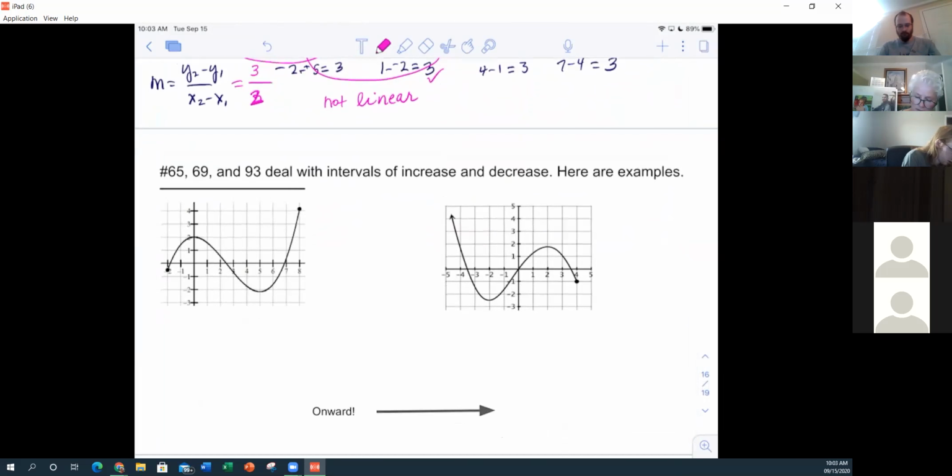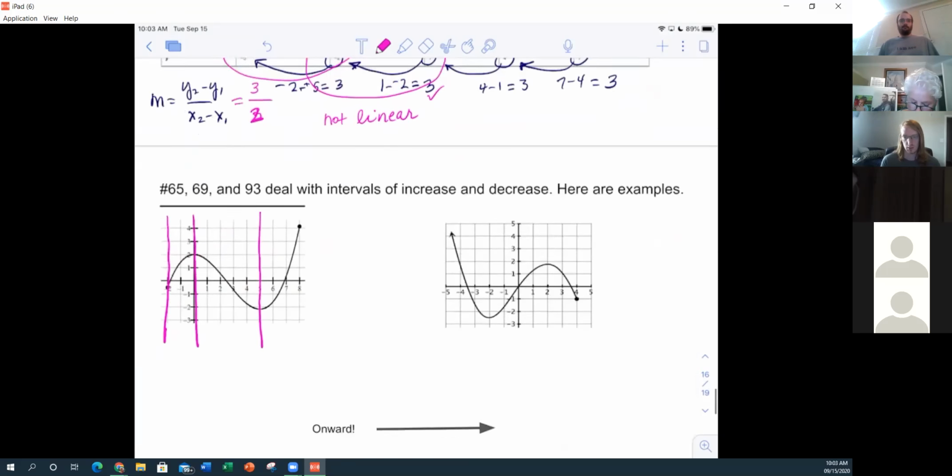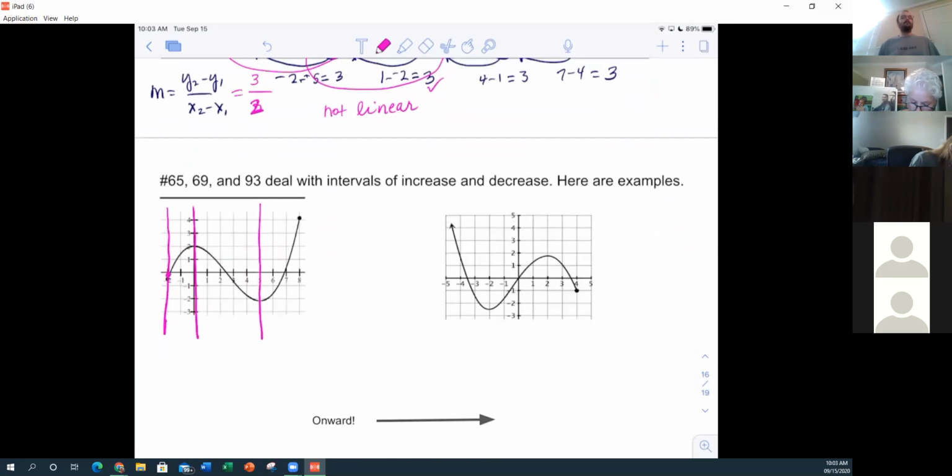Okay, so what I do when I look at these, anywhere there's an endpoint, I draw a vertical line, and anywhere there's a hump, I draw a vertical line. Then I name the x values between those. So right here is from -2 to 0, right?